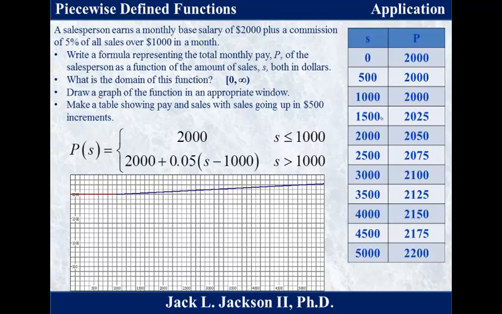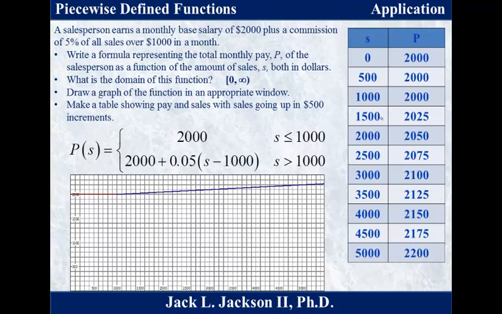A real-world application. There are lots of them like this where the rules change at a certain point. There's a salary up to a certain point, and then the commission starts kicking in. Now, if the commission kicked in from the beginning, $2,000 plus a commission on all sales, then that would have been different.